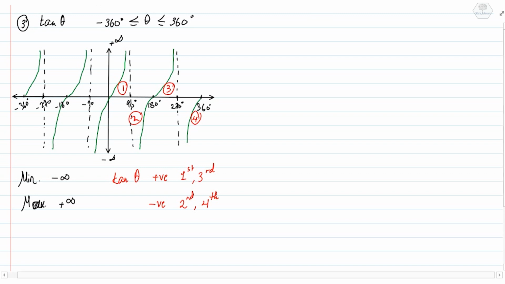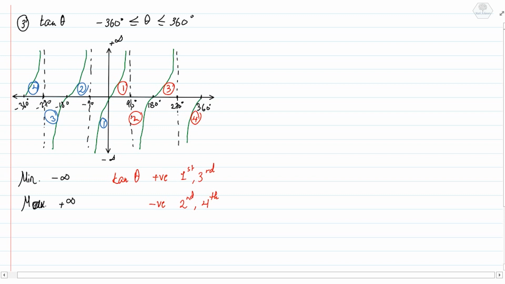Now, let's check the negative theta. For the negative theta, the function becomes positive in the second and the fourth quadrant, and it becomes negative in the first and the third quadrant. So it flips. It's like the sine function.